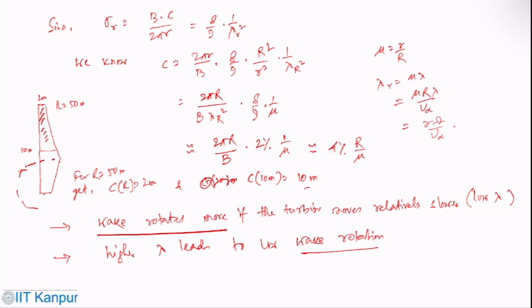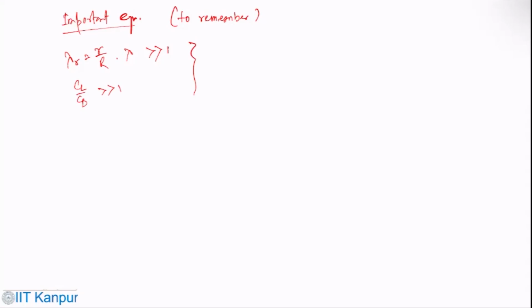Now there are other important equations which obviously to remember. Lambda r is r by R into lambda, which is always greater than 1, CL by CD greater than 1. These are assumptions.